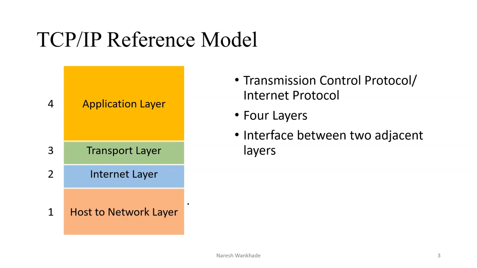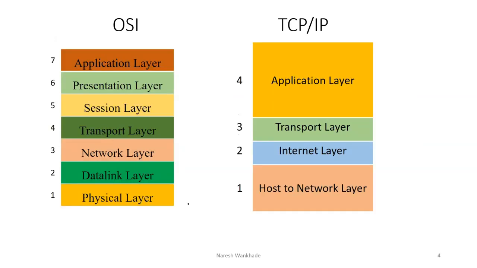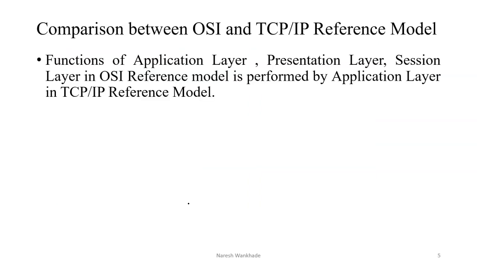So let's have comparison of OSI reference model and TCP/IP reference model. OSI reference model is having 7 layers and TCP/IP reference model is having 4 layers. Here function of application layer, presentation layer and session layer in OSI reference model is performed by application layer in TCP/IP reference model.